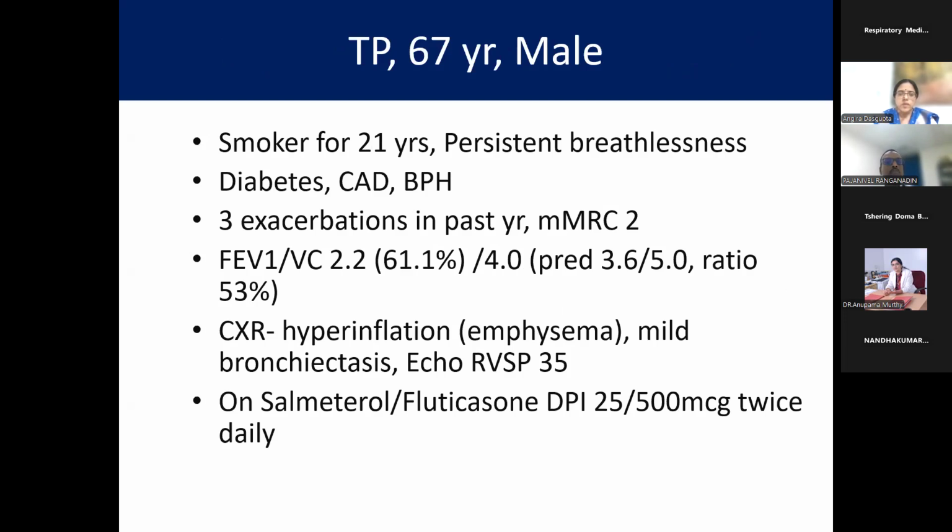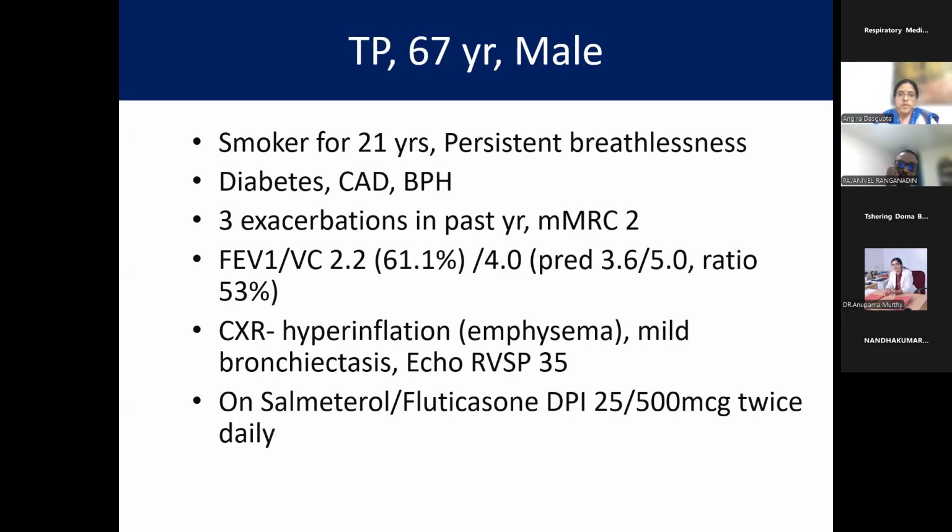So let's talk about this patient, a 67-year-old male, smoker for 21 years, with persistent breathlessness despite being on very high doses of combination inhalers. He is diabetic, has coronary artery disease, and has benign prostatic hypertrophy. His exacerbation rate was pretty high, 3 in the past year, and the mMRC dyspnea grade was 2.